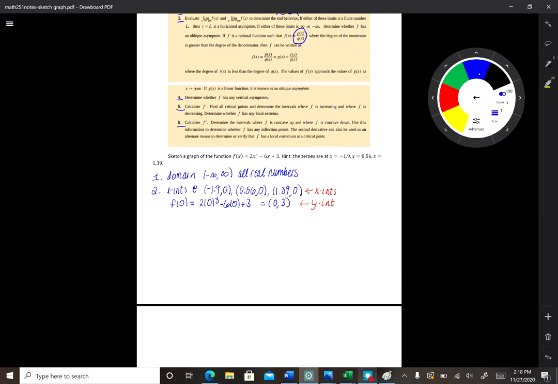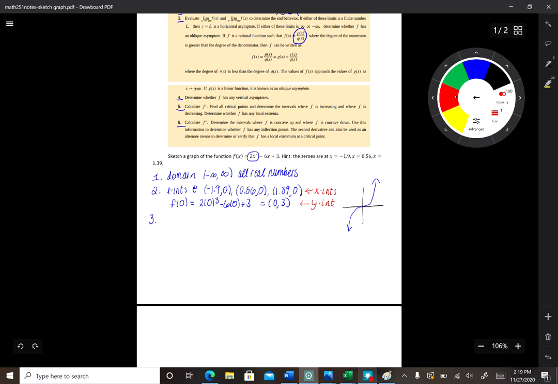Step number 3, I want to determine the end behavior of our function. We're going to talk about this a little bit at the end of this lecture video if we don't just have a polynomial like we do here. But remember that to find the end behavior of a function, we have to look at the leading term of the function. In this case, we have a cubic function, and it's positive. So if we think back to our college algebra days, a cubic function that has a positive coefficient has this sort of shape.